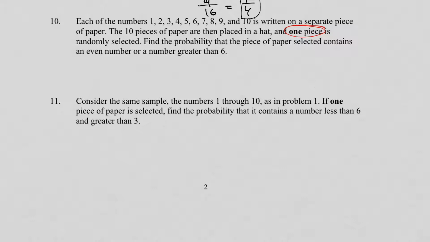The probability of the piece of paper selected contains an even number or a number greater than 6. Okay? So once you see that or, it's the probability of both added together, and then you're going to subtract both.